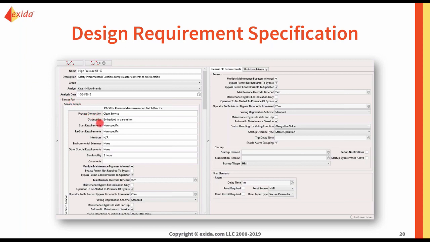So here you have the process connection information, diagnostics, any startup or restart requirements, any interfaces, environmental extremes, and then we jump into what are your maintenance bypasses, what's your maintenance override requirements, things like that, voting degradation scheme, so on and so forth. So you can fill all of these out, and obviously it goes on to address the logic solver and final element as well. This is a nice consistent way to make sure you're addressing all of the requirements.